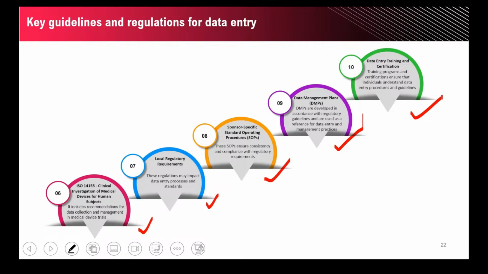Now, these guidelines and regulations overall are designed to maintain data quality, protect patient safety, and ensure the reliability of the clinical trial results. Organizations conducting clinical research are responsible for adhering to these standards and for establishing robust data management processes to meet the regulatory requirements.